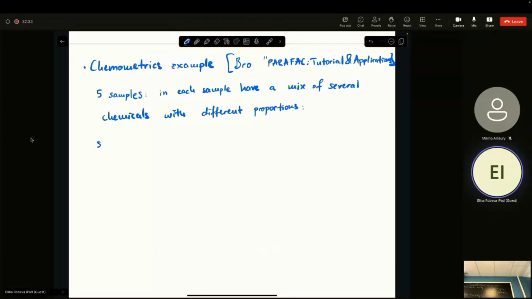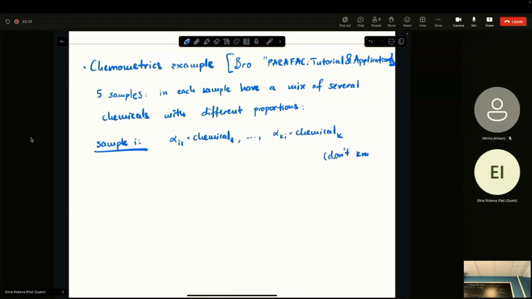Okay, so sample I will have alpha I1 of chemical 1, up through alpha Ki of chemical K, and we don't know K or alpha.